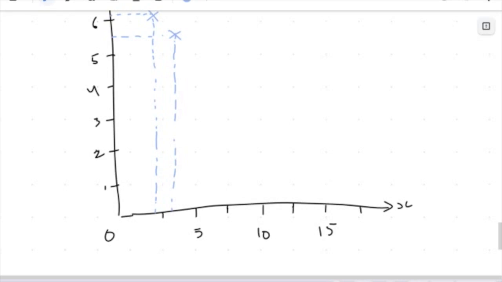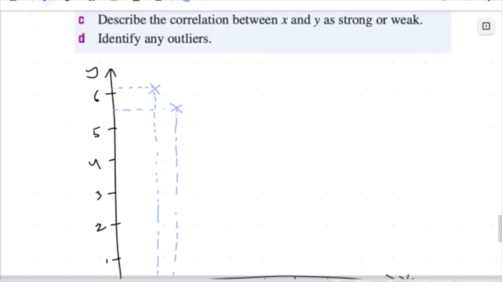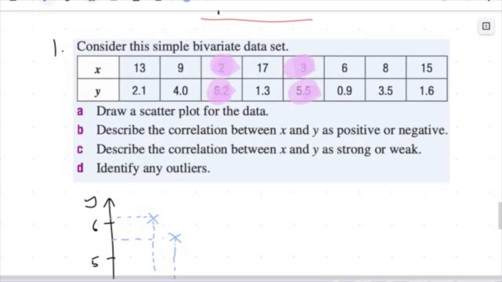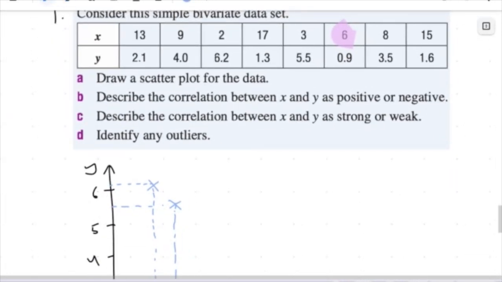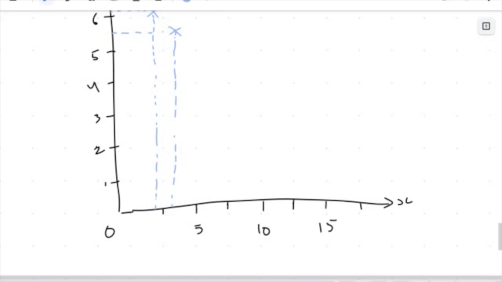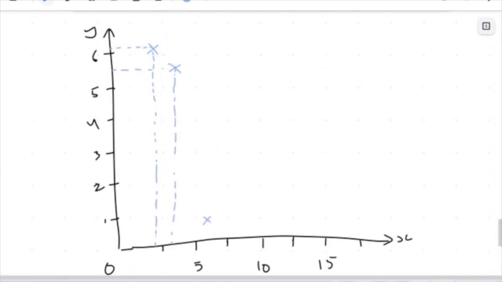And we're basically just going to keep doing this for all of the points. Now, I'll do this a little bit quicker. You can pause the video and have a go in your own time if you'd like. My next value is 6 for x, where the y is about 0.9. So that's down here. Yep, that looks about right.